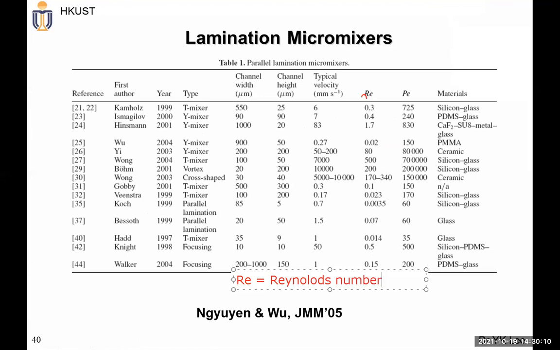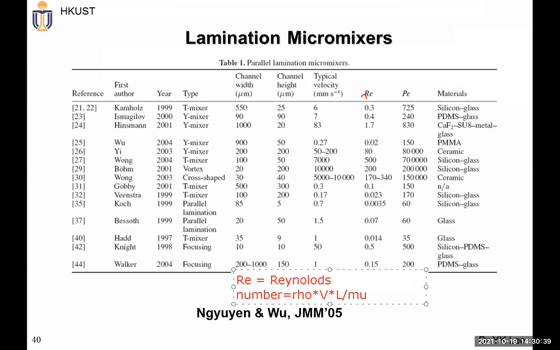In fluid mechanics, this is the ratio of two forces, right? It is basically related to rho V L divided by mu. That is density, velocity, and the length scale of the microfluidic device, divided by mu. Mu is viscosity, right?